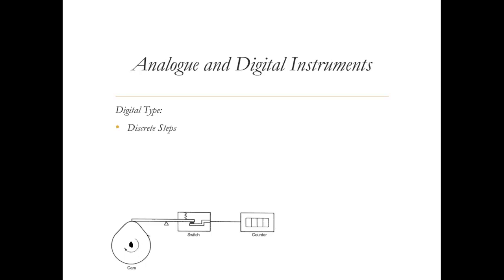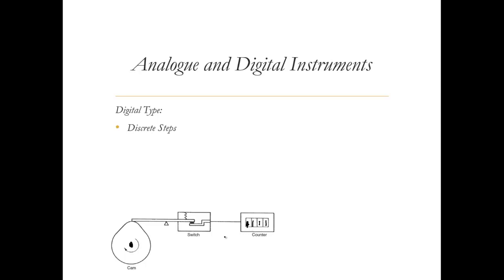It is done by using this type of mechanical arrangement, where the cam hits this mechanical link, and then there is a pivot, and it causes the engagement and disengagement of the switch. Accordingly there's a counter that counts from, let's say, 0, 1, 2, 3, 4, and then counts to the second digit, third digit and the fourth digit.